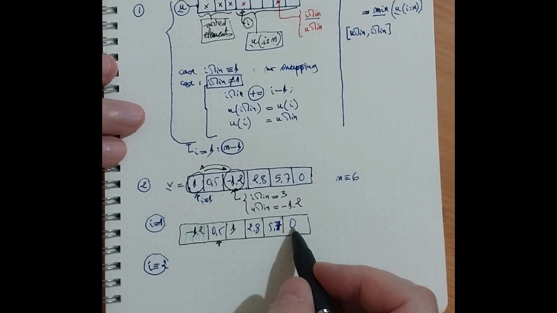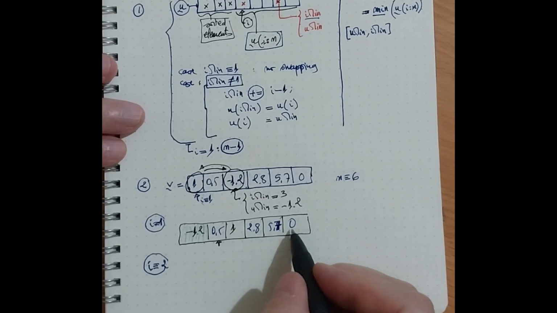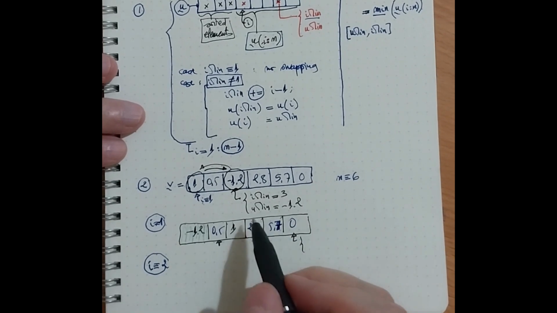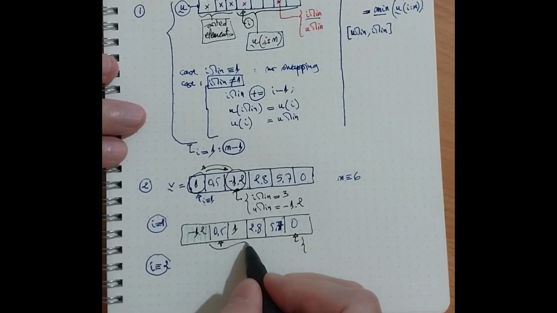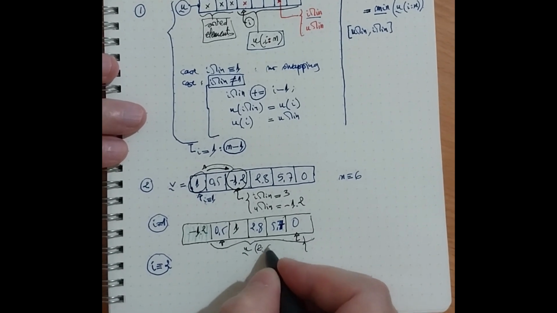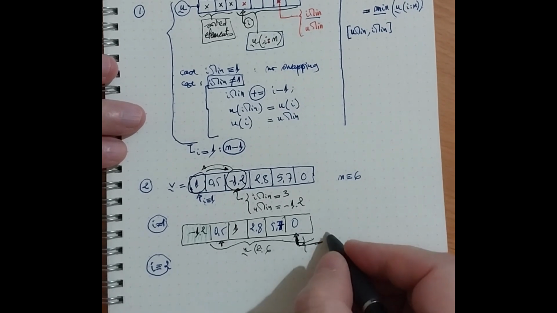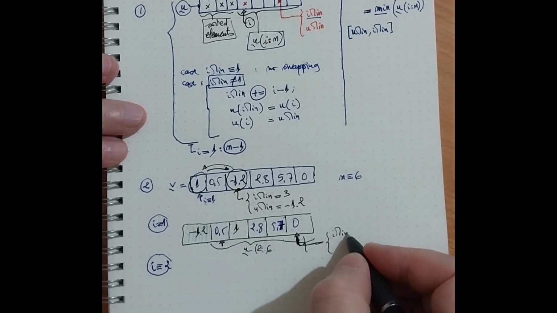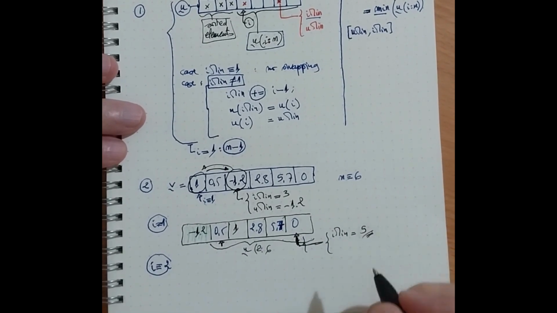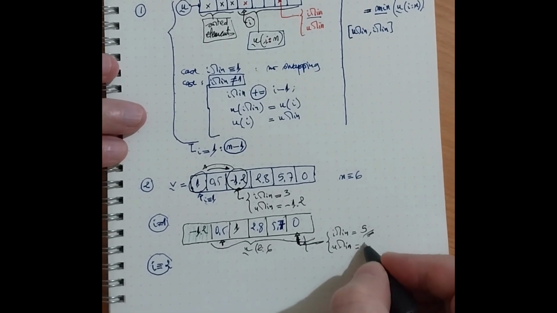It's 0, which is at the 5th position, not in the vector V, but in this subvector from 2 to 6. So what we get, I min is at the 5th position. Now be careful with that, and U min is 0.